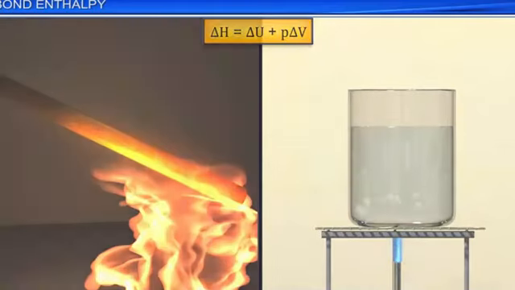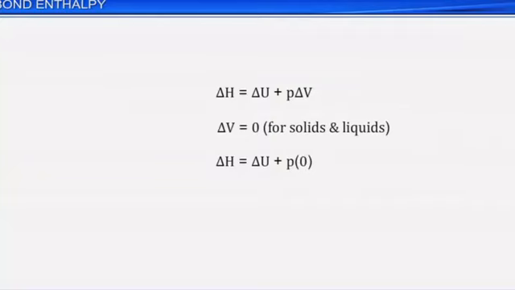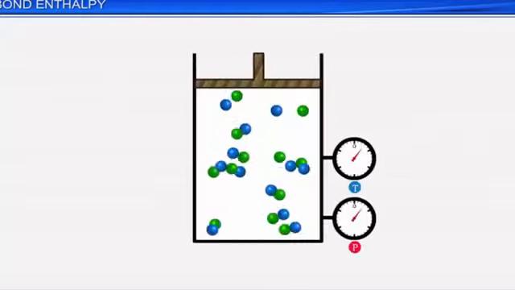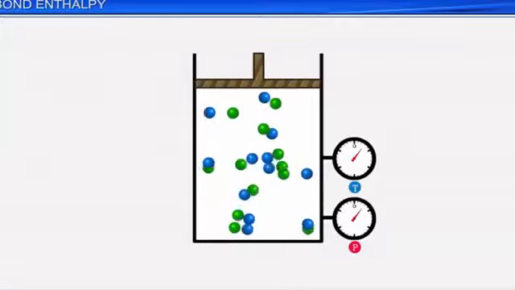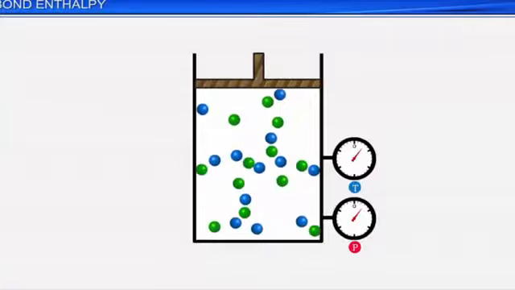Thus, if change in volume, ΔV, is insignificant, it implies that change in enthalpy, ΔH, equals change in internal energy, ΔU. The difference between the change in internal energy and enthalpy becomes significant when gases are involved in the reaction.